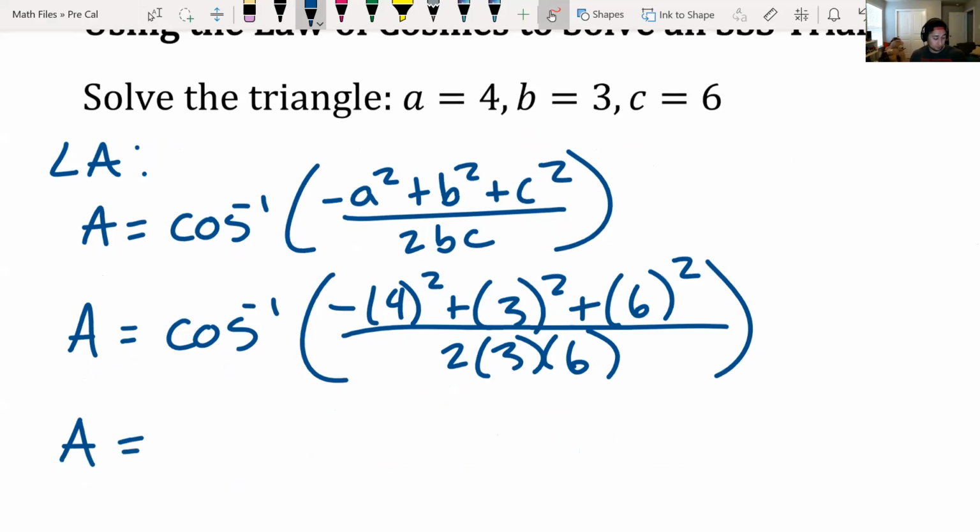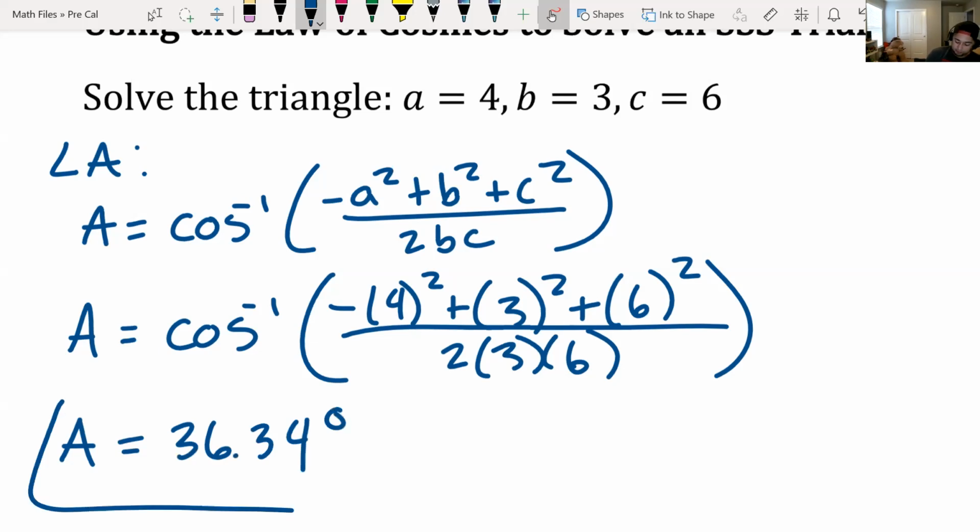All right. And get the inverse cosine of negative 4 squared plus 3 squared plus 6 squared over 2 times 3 times 6. And I get that A is 36.34 degrees.